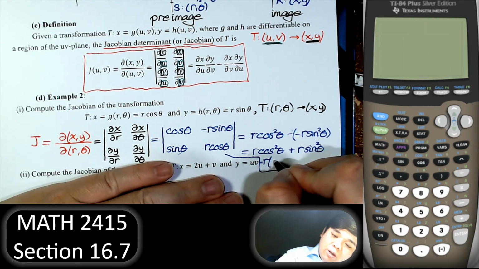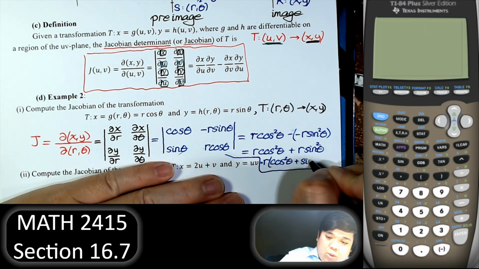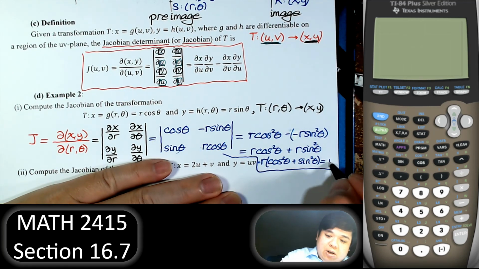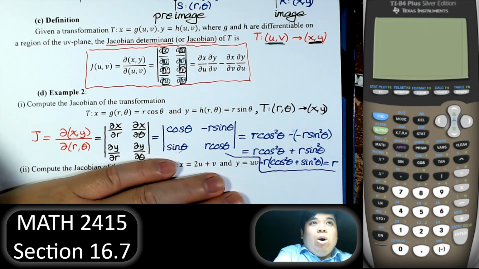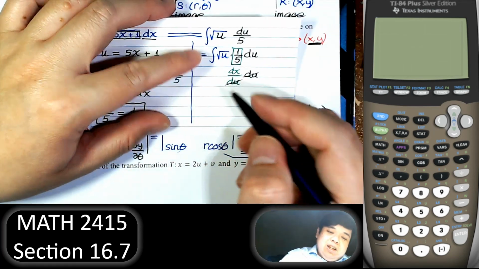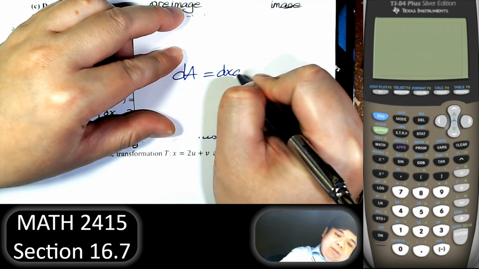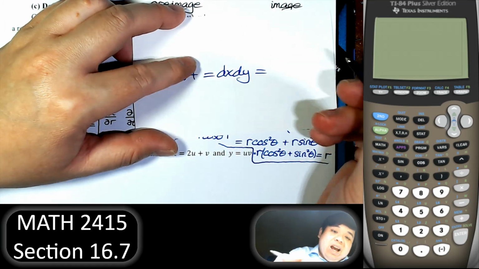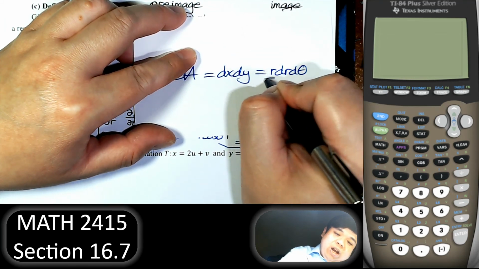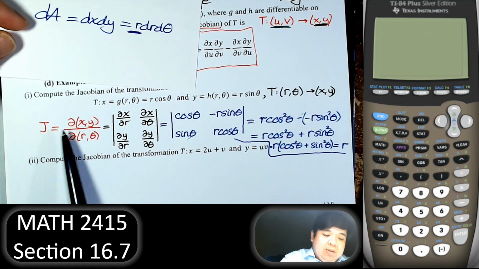We have r times cosine square plus sine square, which is 1. So 1 times r is r. So that's why in polar coordinates there is r dr d theta. Now that makes sense. In polar coordinates, dA or dx dy or dy dx is equal to r dr d theta. We have the r here, which, now we know, is the Jacobian of the transformation.